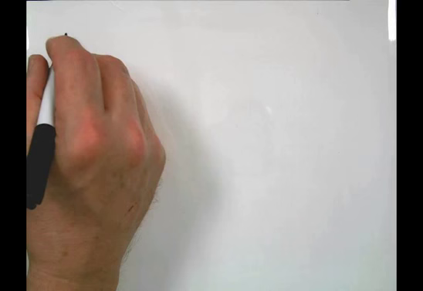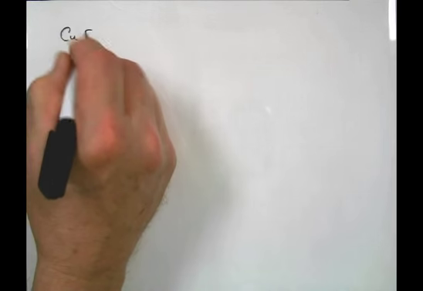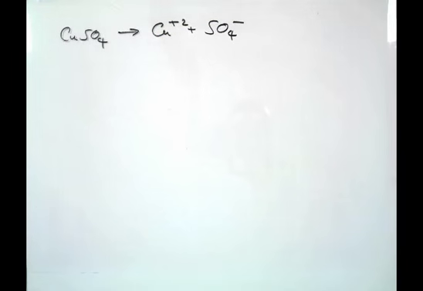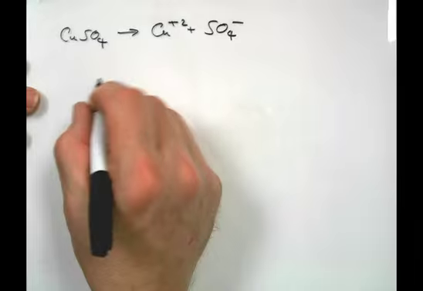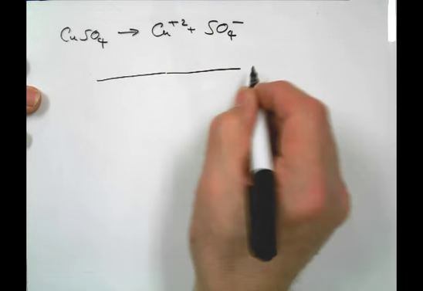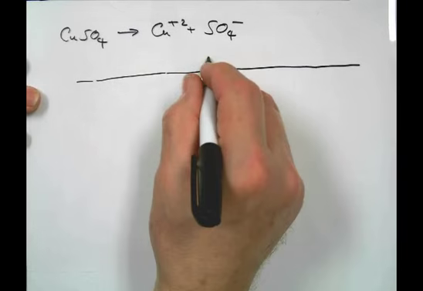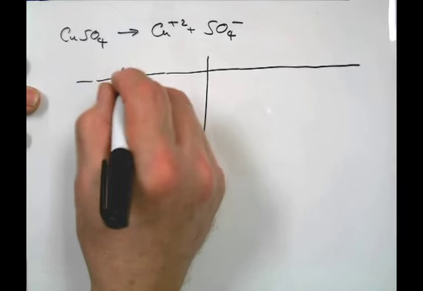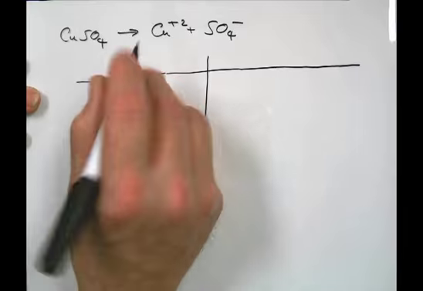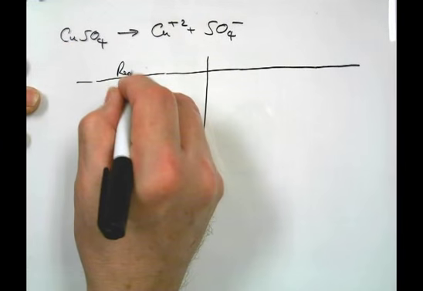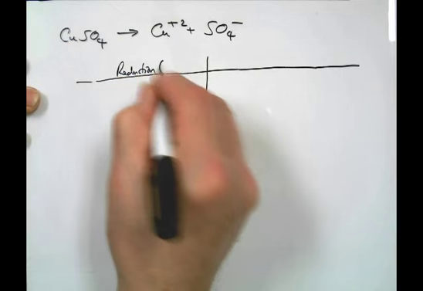Okay. And it'll go a lot faster now. Copper sulfate ionizes into copper plus 2 plus your sulfate like that. So make your T table across like that. And I like the reduction to come first because I want to do the metal first. So that's the cathode.